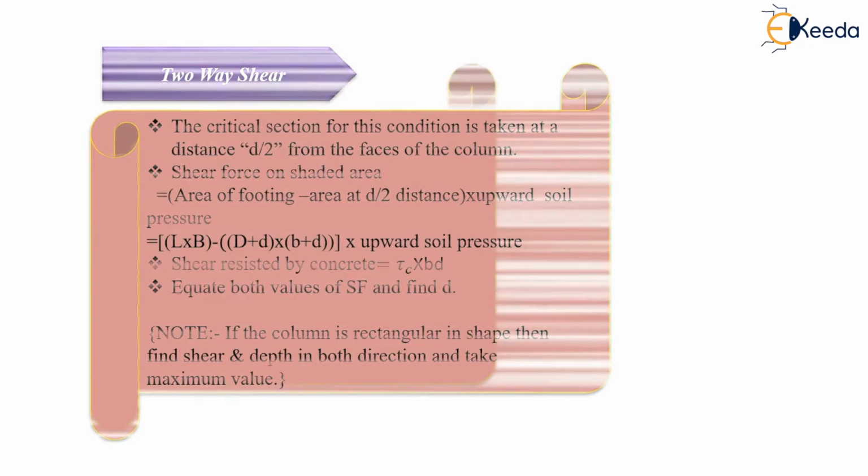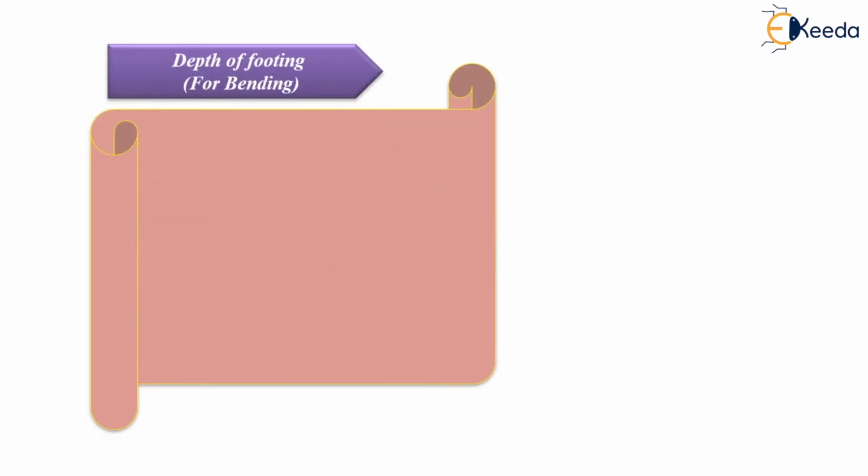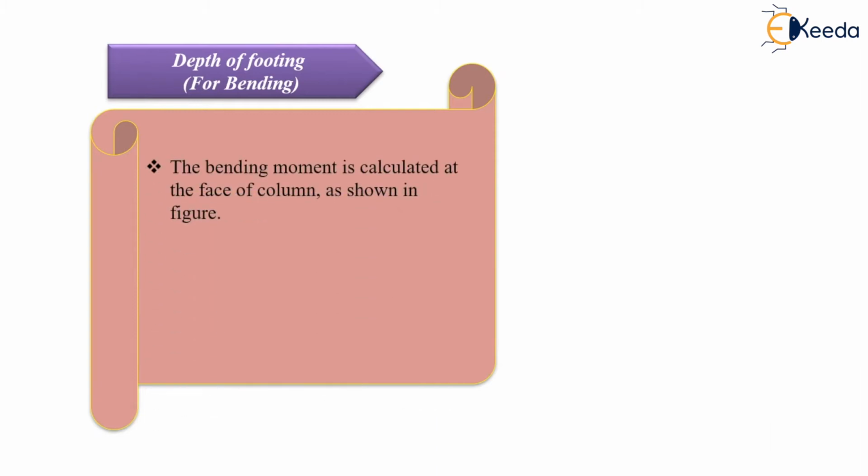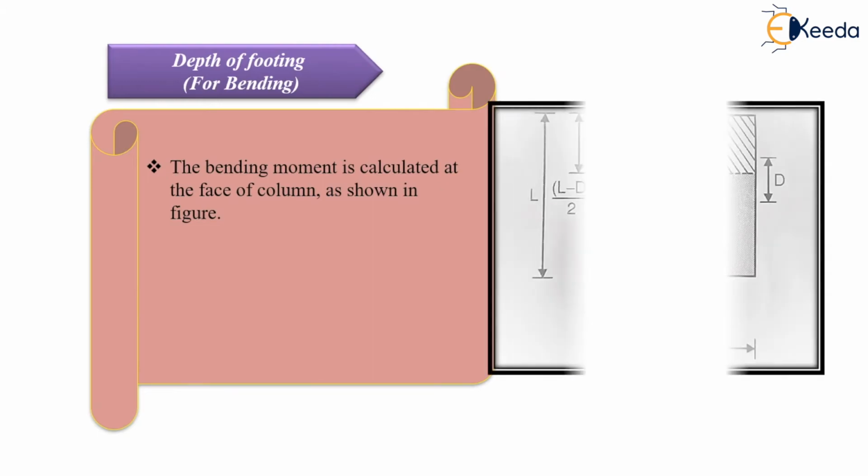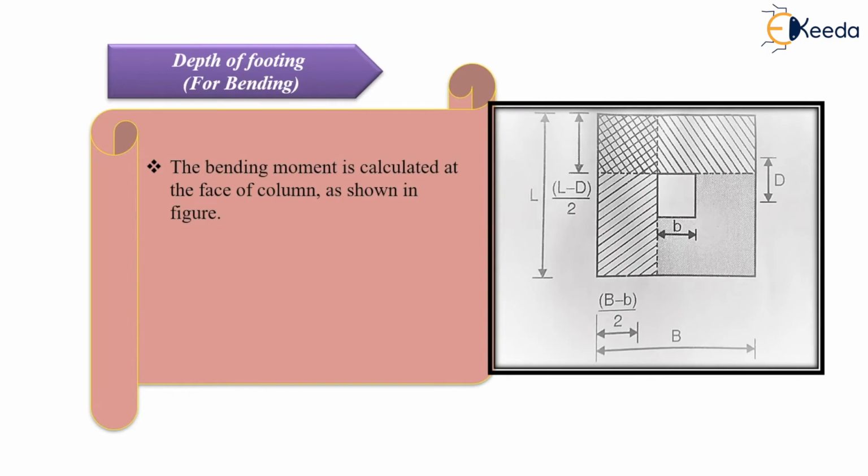Next step is to find out the depth of footing for the bending moment criteria. The critical section for the bending moment criteria is from the face of the column. You can see in this photo that the critical section is from the face of the column itself. So we can find out the bending moment per meter width.